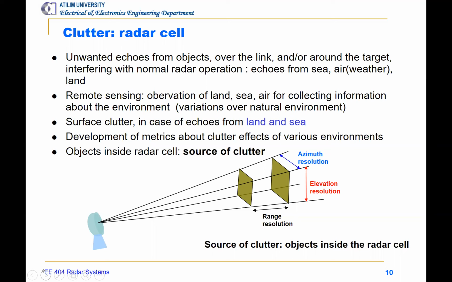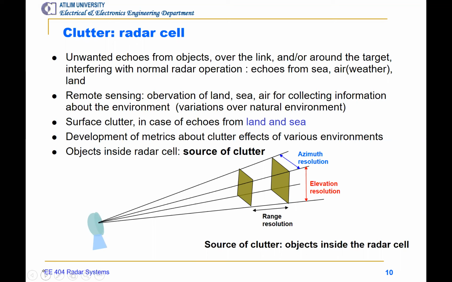And typically, we will be modeling clutter on land or sea. So surface clutter and volume clutter. And the most important thing is about how to model this clutter, actually.